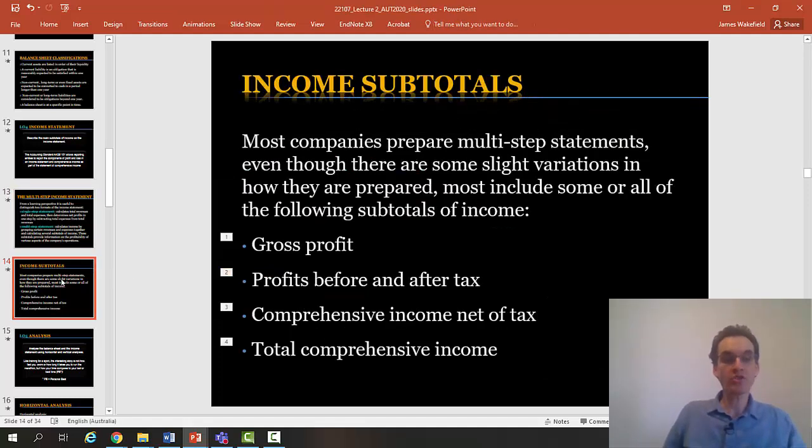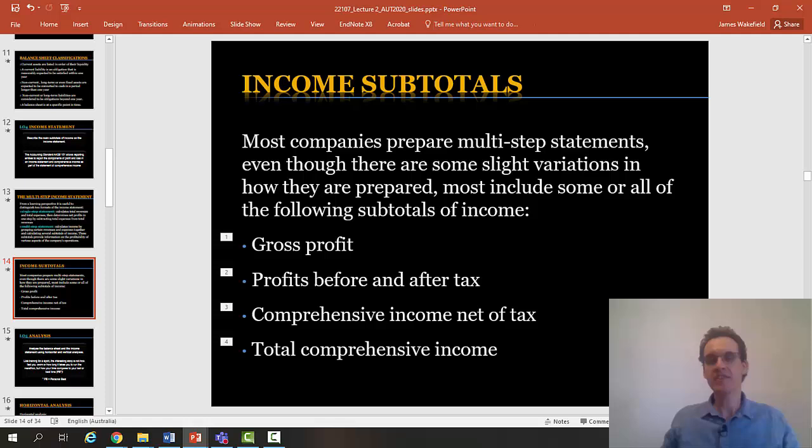So if we go to the next slide, the first thing that we want to do in a multi-step statement for a retailer, so a retailer is an organization that sells inventory, remember, as I said before, like Big W selling Mr. Potato Head, is work out the difference between our revenues and our costs of inventory.